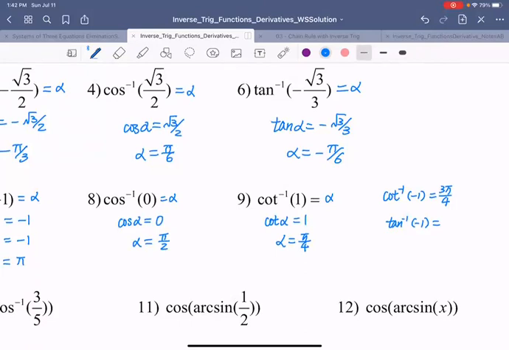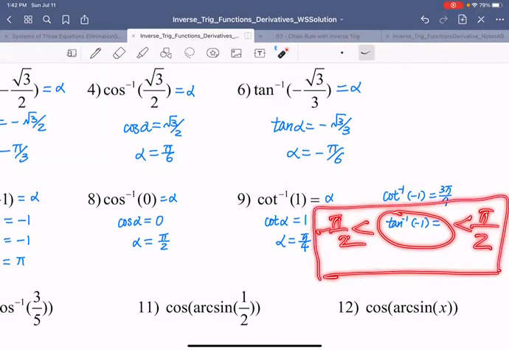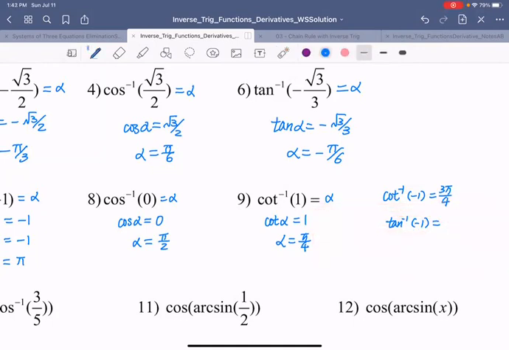Nope. No? Okay. Oh yeah, because there are different limits. This should equal negative pi over 4. Okay. All right. Thank you.